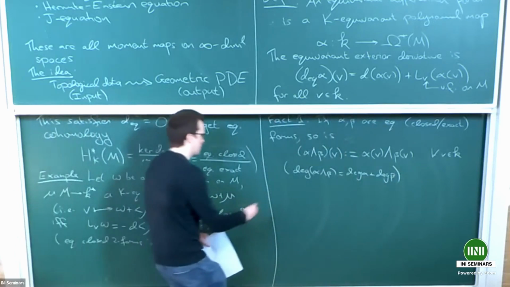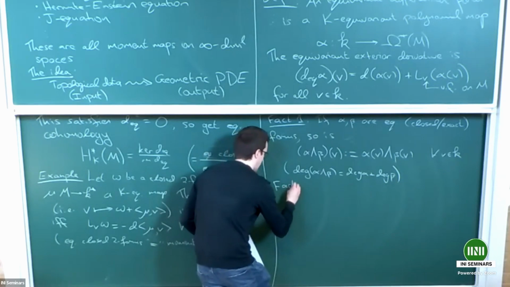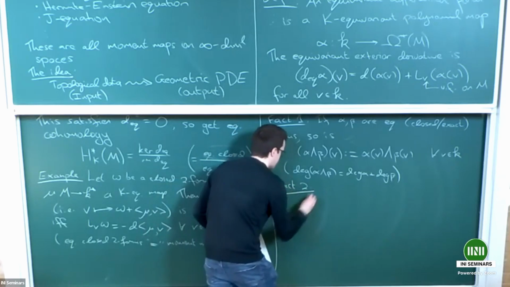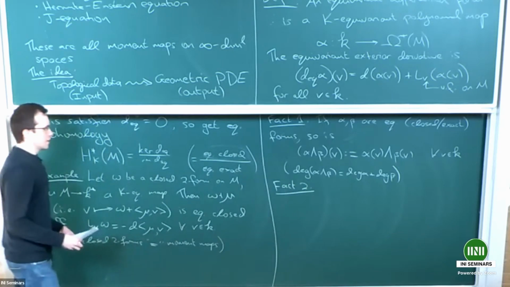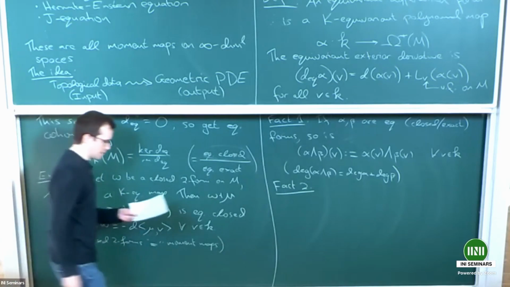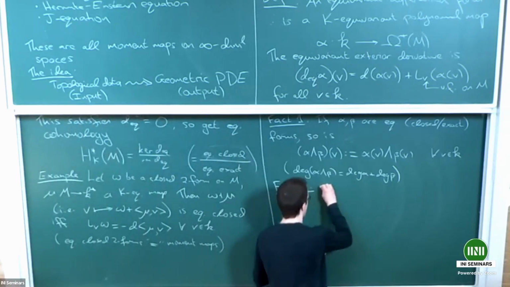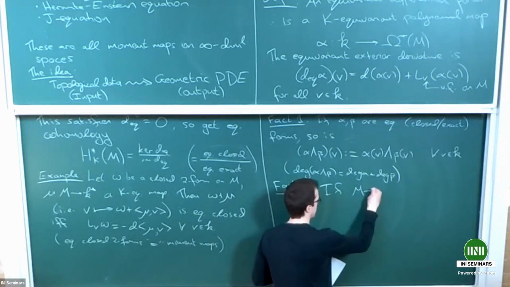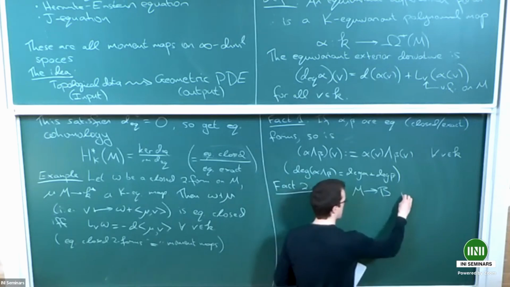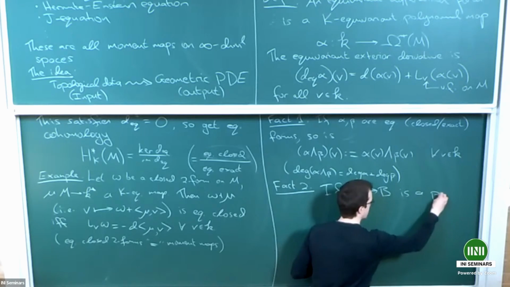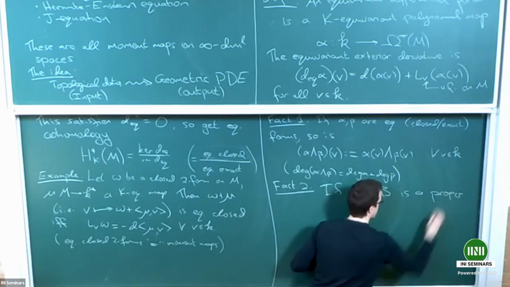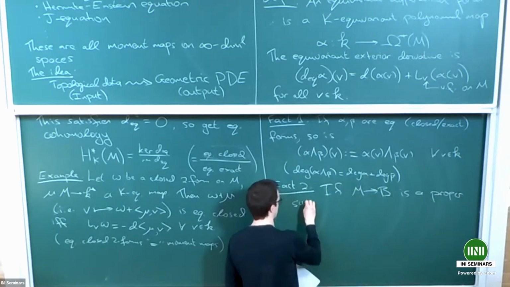Fact two: say we have a proper submersion, M over B is a proper submersion. Oh, and I want K equivariant.